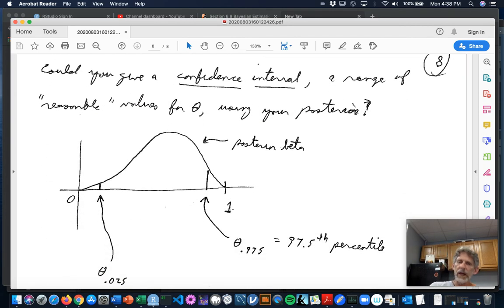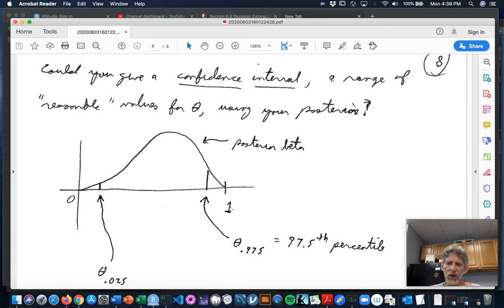One way of making that more precise is to give what we call a confidence interval, a range of reasonable values for theta using that posterior distribution. I call it a confidence interval.